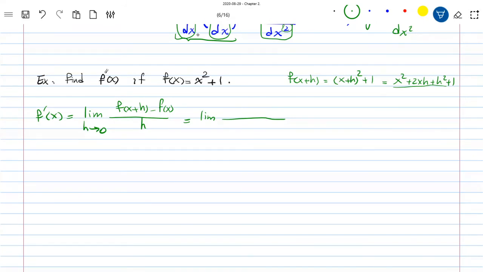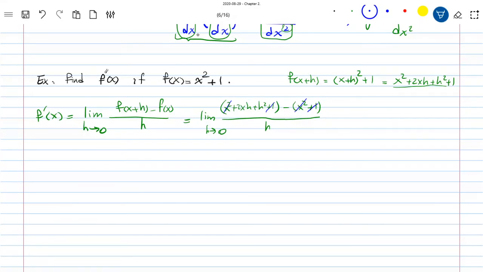So I replace it. It will be x squared plus 2xh plus h squared plus 1, minus the f function, x squared plus 1, and I'll divide by h as h approaches 0. Can we cancel out terms? x squared minus x squared will cancel out. 1 minus 1 will cancel out. This negative sign is subtraction.